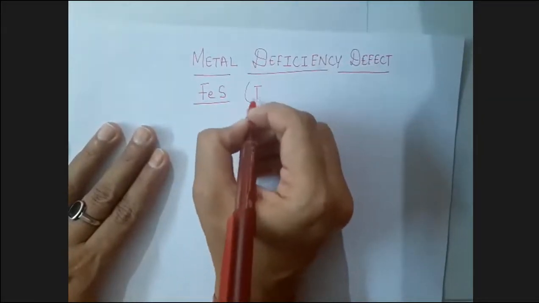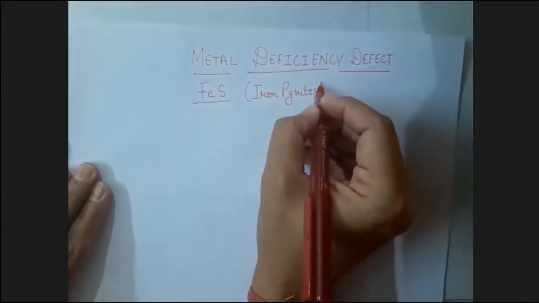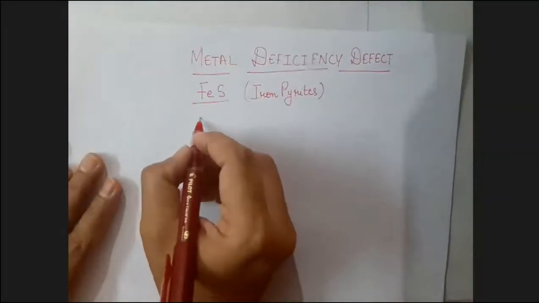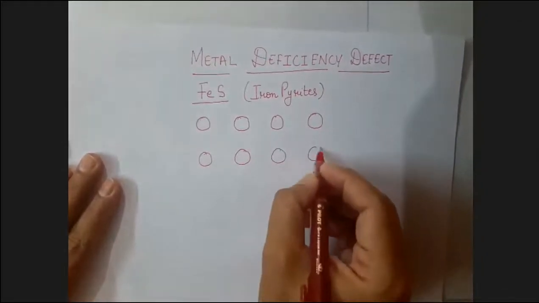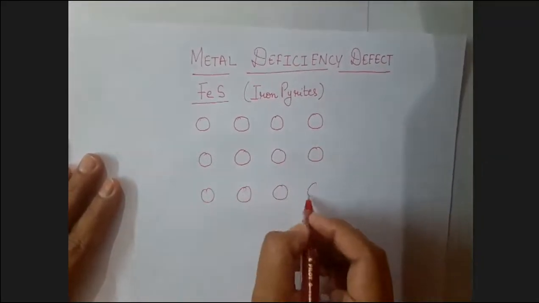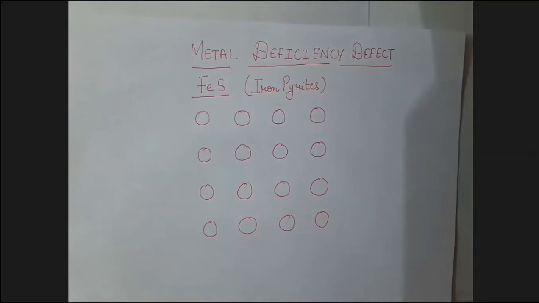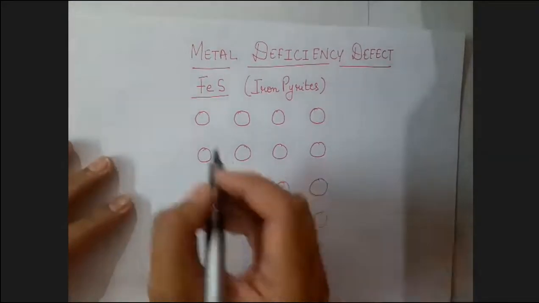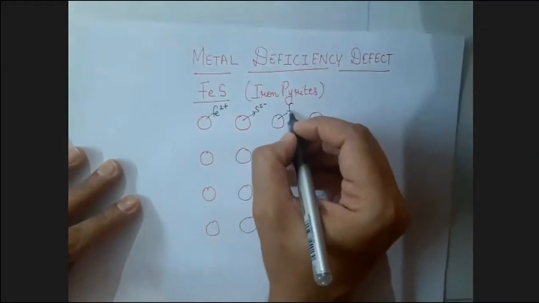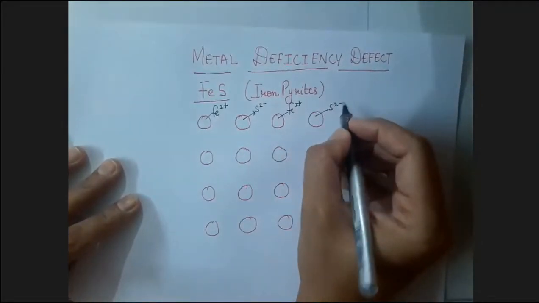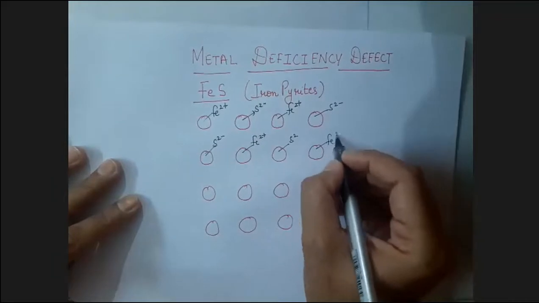Iron pyrite. Now, what happens here? Suppose we have a crystal made up of Fe2+ and S2- ions, alternating: Fe2+, S2-, Fe2+, S2-. In this way, the crystal is formed.